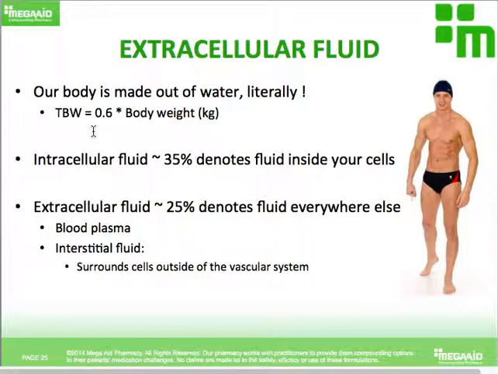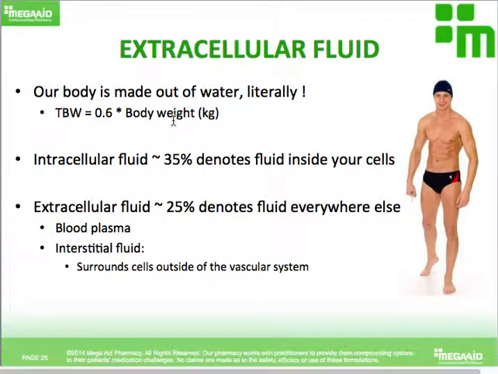So you need to understand that our total body content can be basically divided into intracellular fluid, and this accounts for approximately 35% of fluid. This is a fluid that is inside your cells. And then extracellular fluid is going to account for about 25% of fluid, and this is a fluid basically everywhere else.